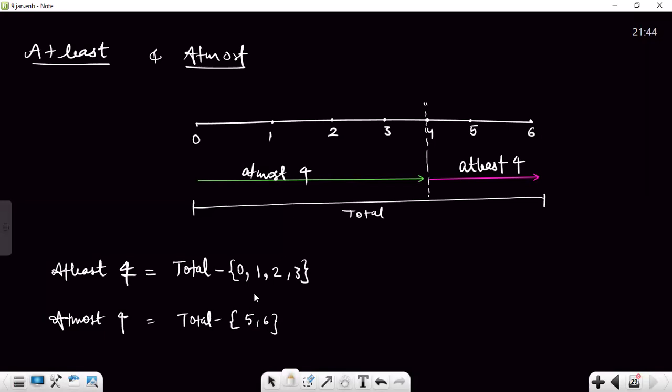I just want you to understand the meaning of at least and at most. This is not important, but it is just a representation: when some total value is defined, we'll be able to find at most and at least using this analogy, and it will be defined in case of dice, and we are going to look at the questions.